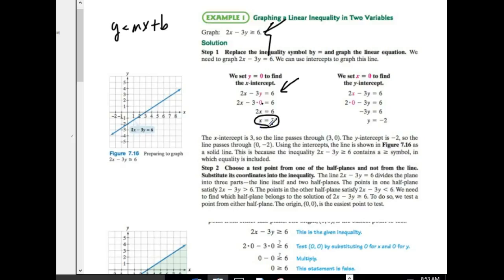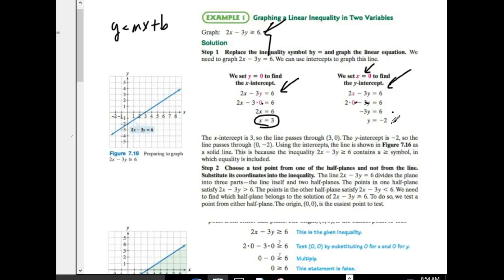Then they come over here and they do the same thing. They take the original equation, and to find the y-intercept, they make the x value 0. So you can see that they plug in a 0 right here for the x value. That's going to leave you with negative 3y equals 6. If you divide both sides by negative 3, then y equals negative 2. So what you can see that they do here is they plot those on a graph.